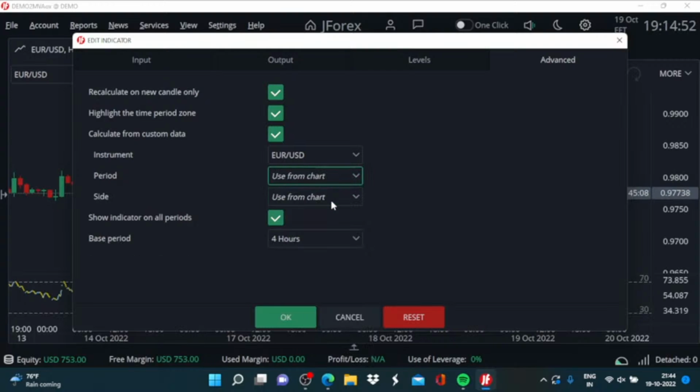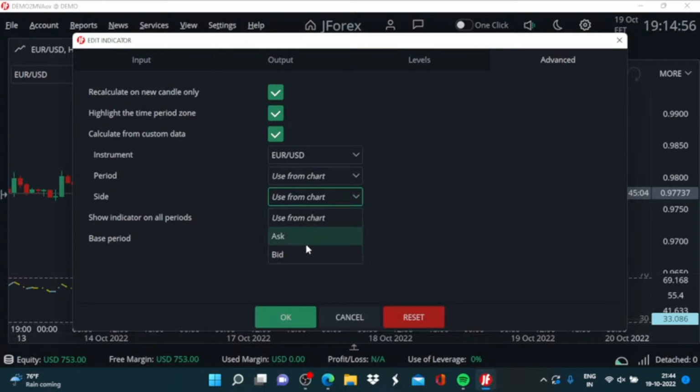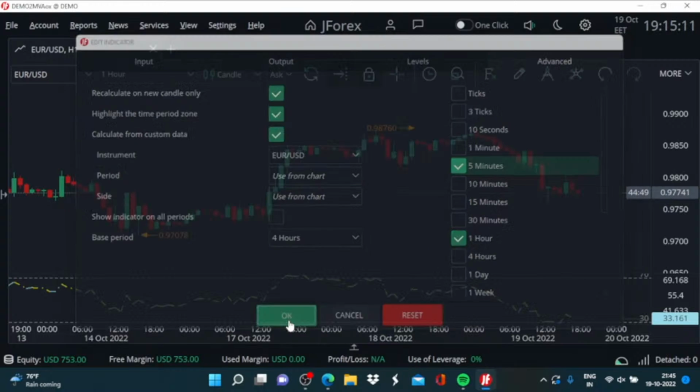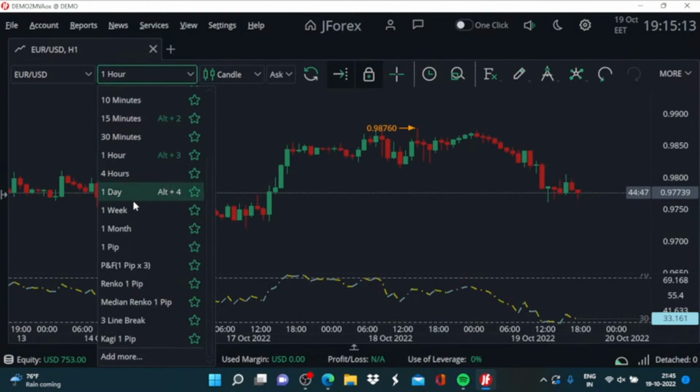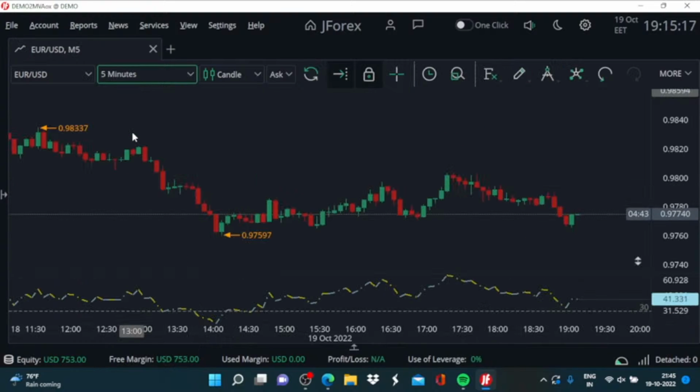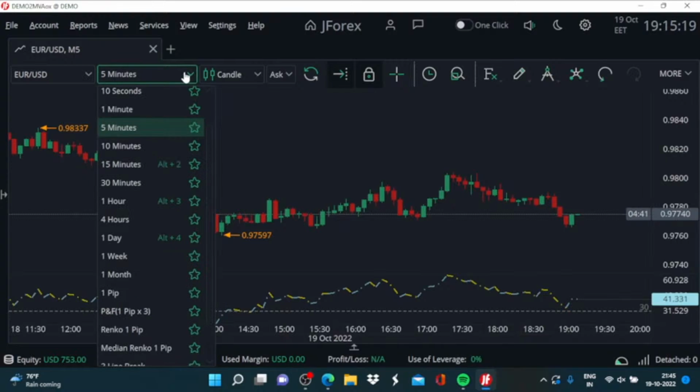Now I will restore it back to use from the chart. Depending on the spread side you're using, ask or bid, there is going to be a slight difference in these output parameters. If you want the indicator to be available on all the candle periods, then you have to opt in for this. Else, if you opt out of it, then you have to specify on which time frame this indicator should appear. Now here we have specified hourly and 5 minutes. So only on those two time frames will the RSI indicator be plotted.